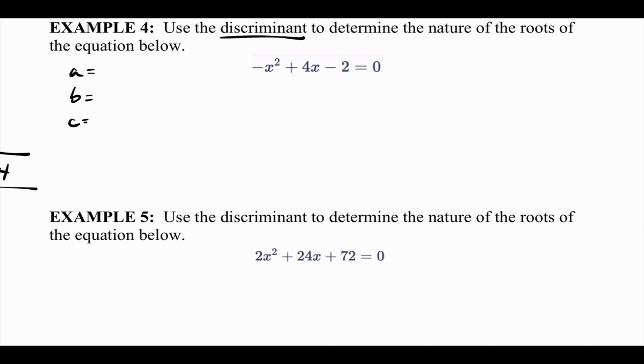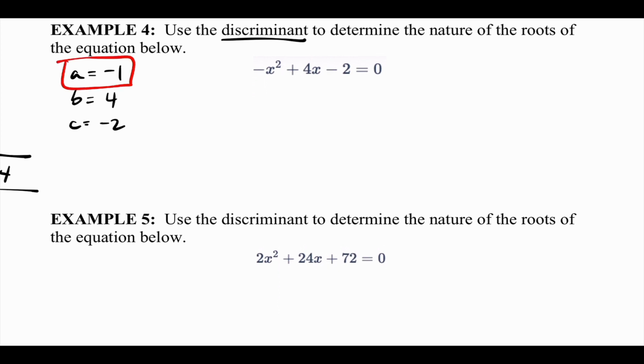What is A here? -1. What is B? +4, -2, right? But for this guy, instead of plugging him into the whole thing, I'm just going to plug him into the orange part over there.